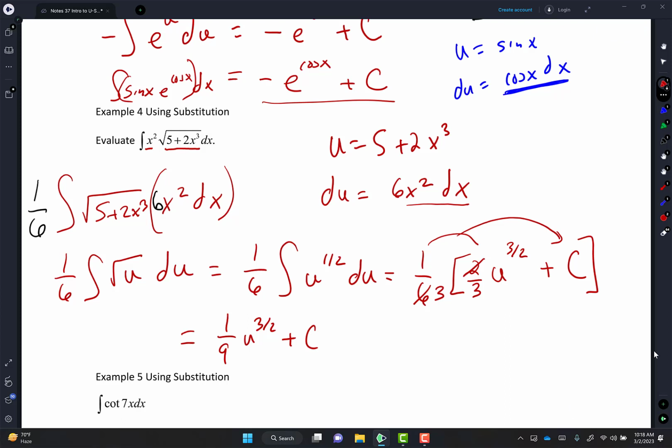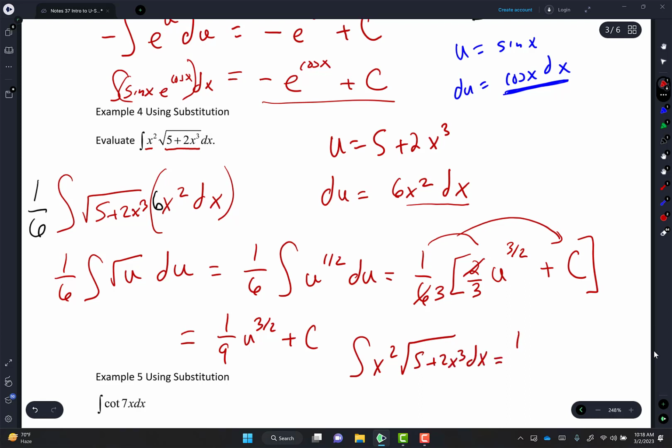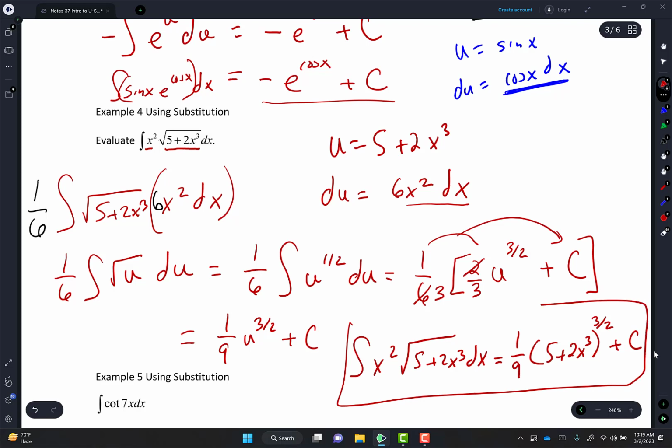So my final answer: the integral of x squared times the square root of 5 plus 2x cubed dx is nothing more than 1/9 times (5 plus 2x cubed) to the 3 halves plus c. That's it. Leave it alone. You can do square root of that cubed if you want.